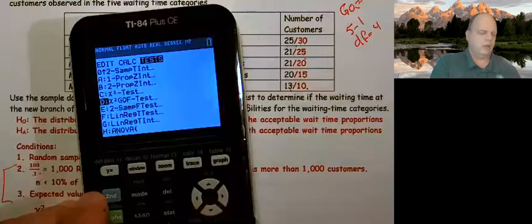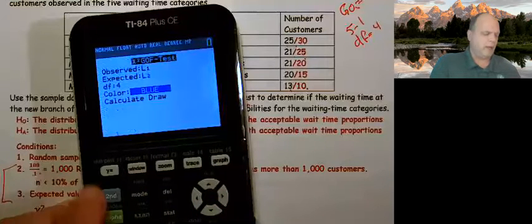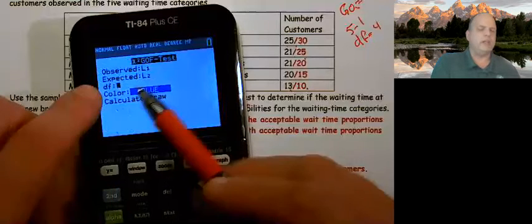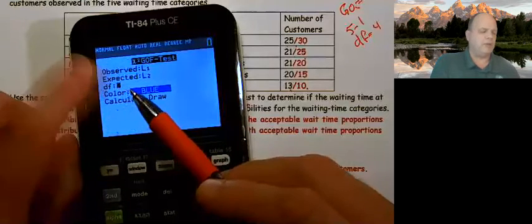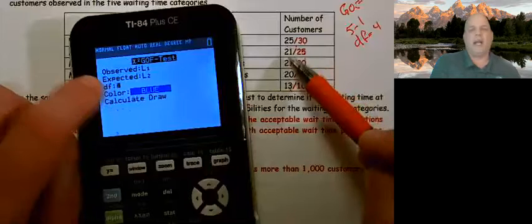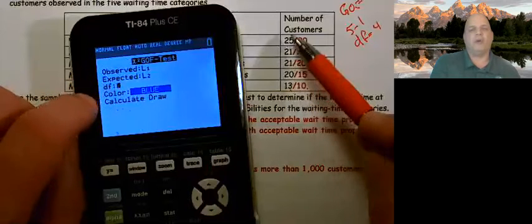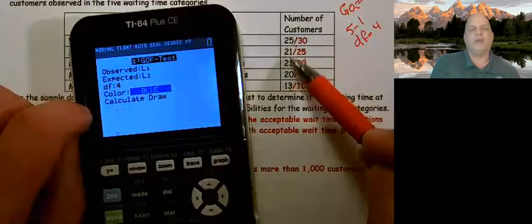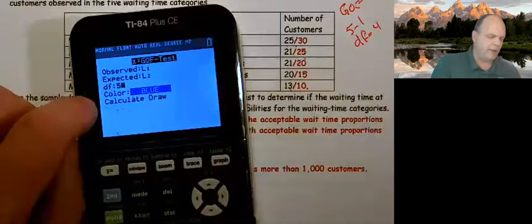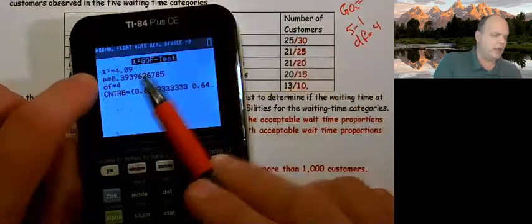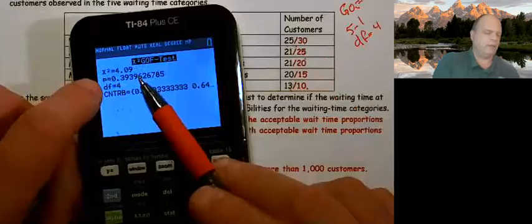All right, my observed is in L1. My expected is in L2. Be careful. They will not put your degrees of freedom in there. Mine happens to be in there, but it normally isn't. So 1, 2, 3, 4, 5. So 5 minus 1. Calculate. And I get a chi-squared of 4.09.